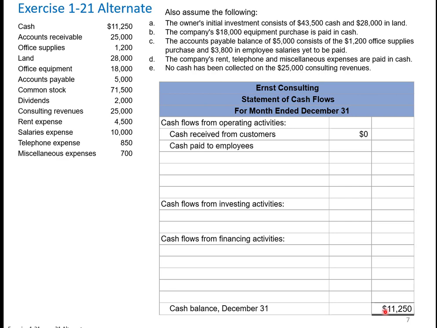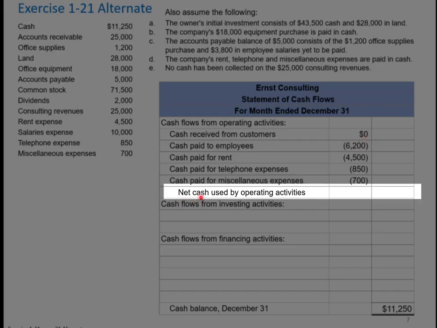Remember, the amount of cash paid to employees is the difference between the $10,000 in salaries expense and the amount we haven't paid yet, the difference between those two. Also notice that this is cash paid. So this is in parentheses showing a negative amount. Cash paid for rent, telephone, and miscellaneous. Now we want to get a subtotal.